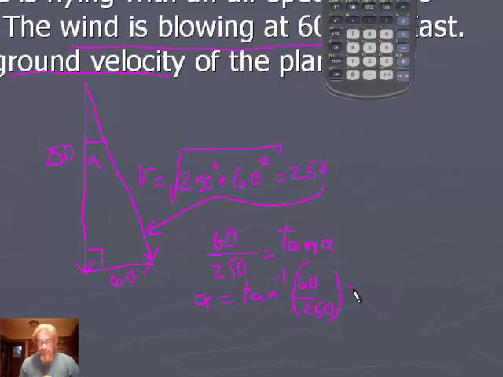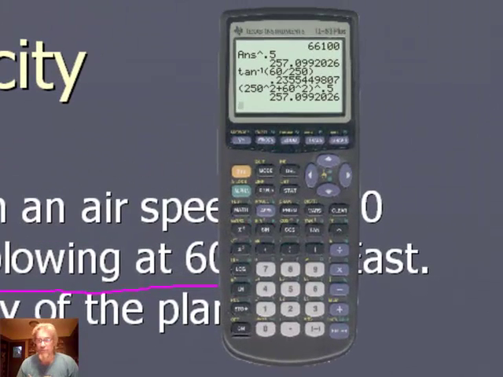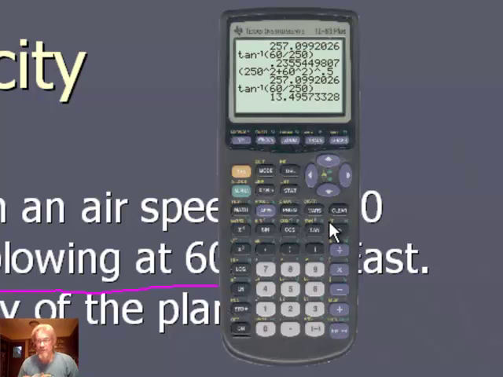Well, back to the calculator, we'll calculate that. I will go second function tangent, and that gives me inverse tangent and a set of parentheses. And I just take 60 and divide by 250 inside the parentheses, close it, and my inverse tangent tells me that that angle is about 13.5 degrees.